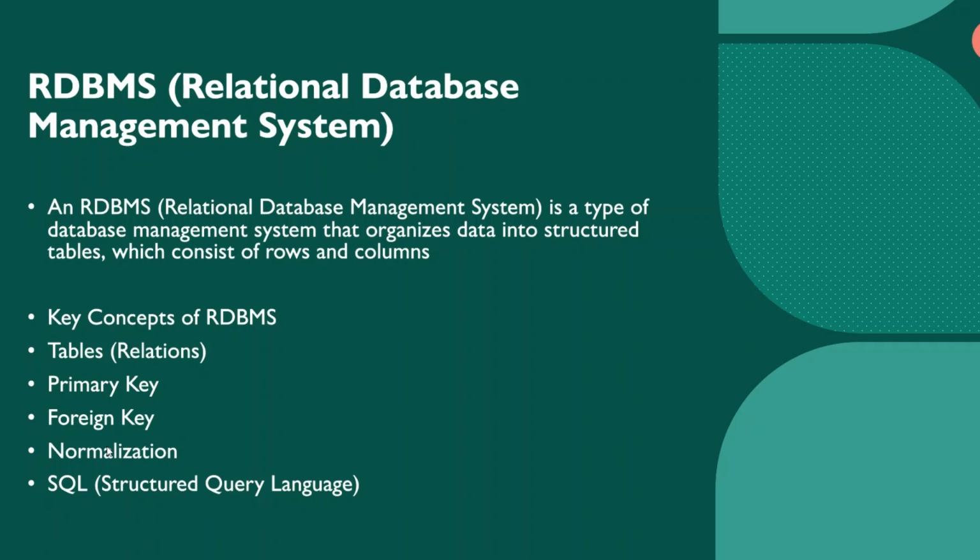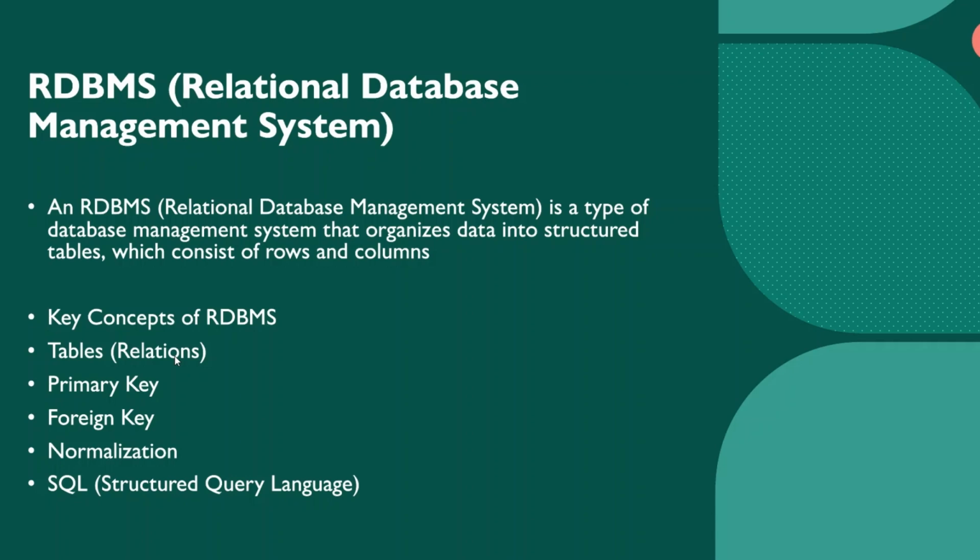Let's understand the key concepts of the RDBMS. The first one is tables, or relations. Data is stored in tables that consist of rows, like records, and columns, which hold the attributes. Each table represents an entity, for example employee-related details, as we already discussed: first name, last name.